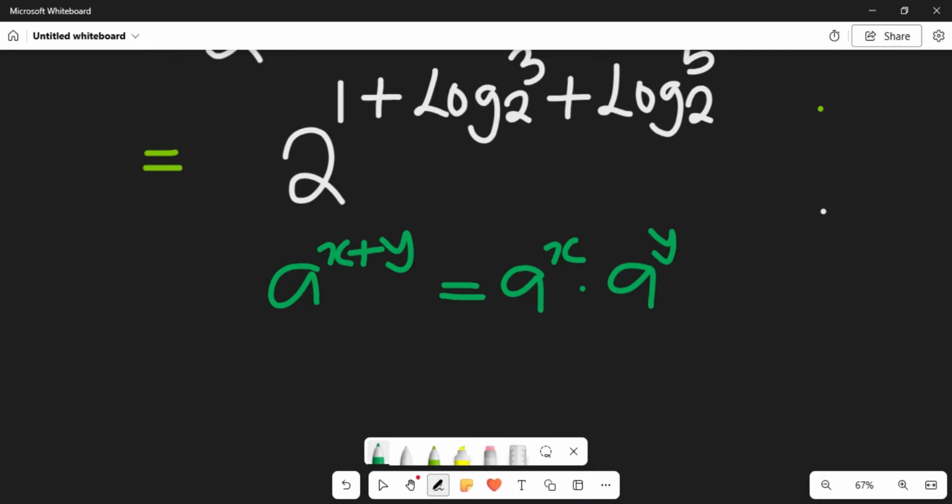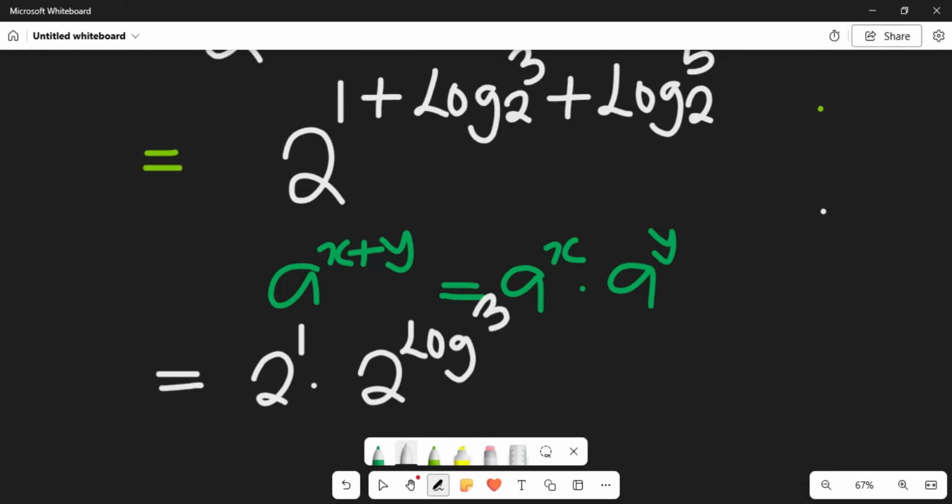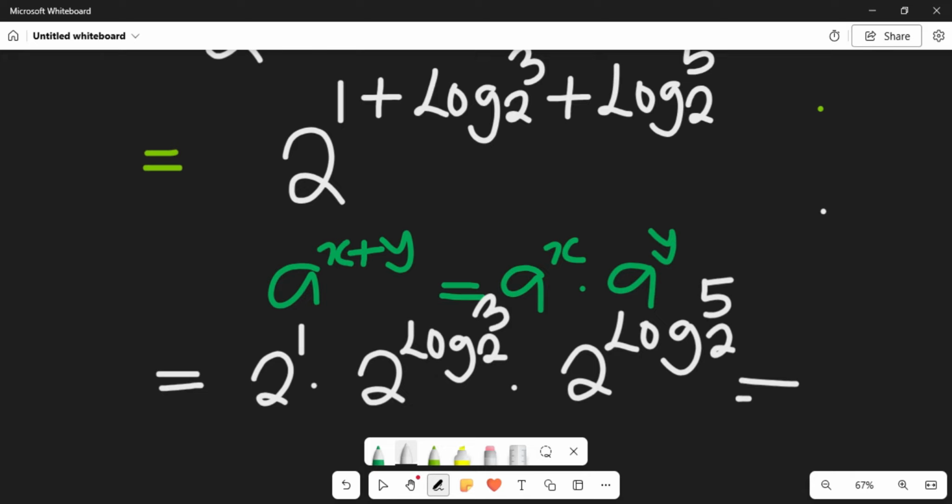This is the product rule of indices. Now if we separate that, we're going to have our math expression become 2 to the power of 1 multiplying 2 to the power of log of 3 base 2 multiplying 2 to the power of log of 5 base 2. Now can this whole expression be equal to 30?